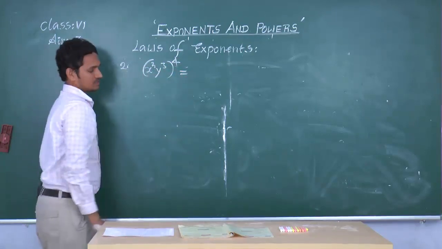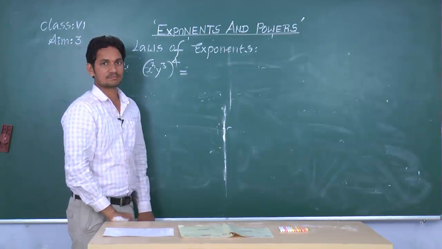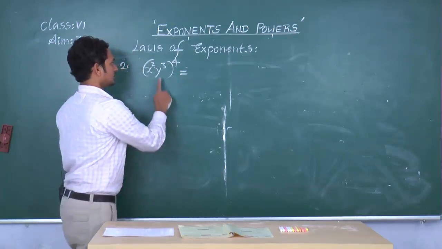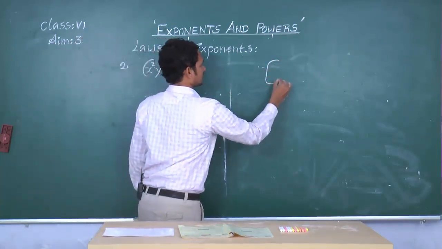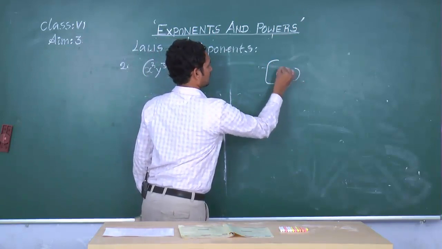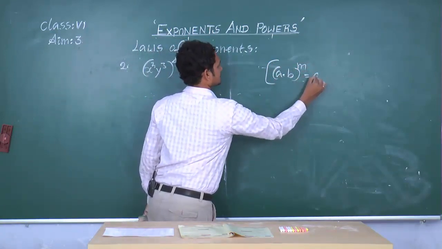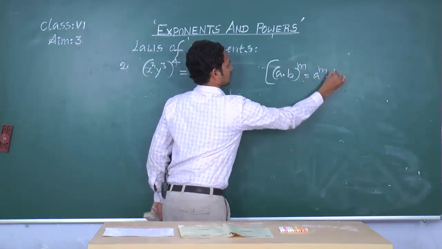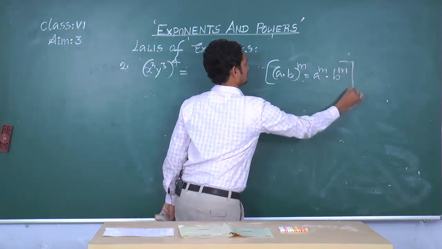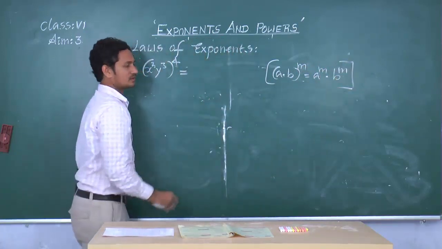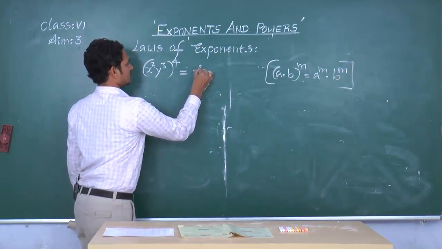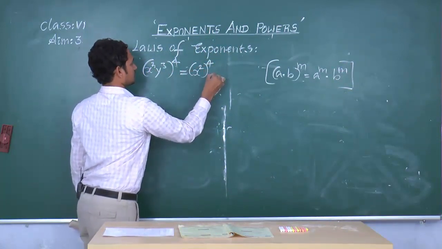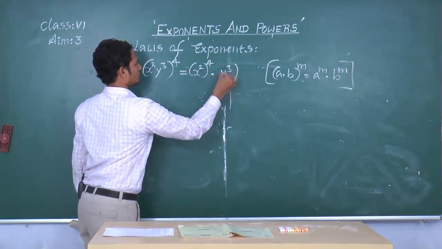They are asking what is the simplest form. Here this is looking like (a into b) whole power m. We can write it as a power m into b power m. So by using that law we can write it as (x square) whole power 4 into (y cube) whole power 4.